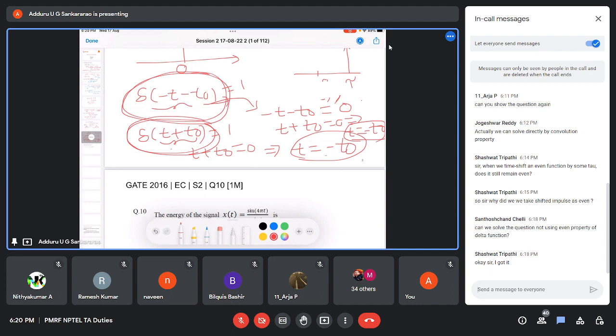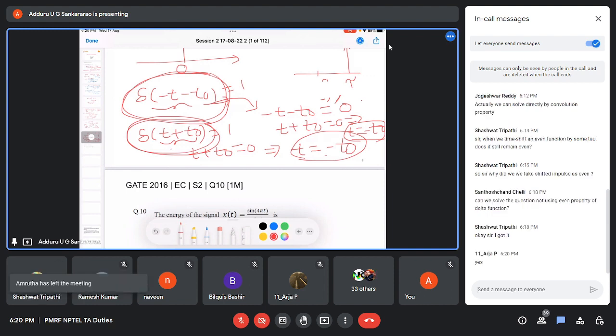Okay. But what property can we use? Del of minus t equal to del of t. Is that okay? Yeah. So actually, the impulse is even when there is no time shift. When there is a time shift, it is even with respect to that t naught.